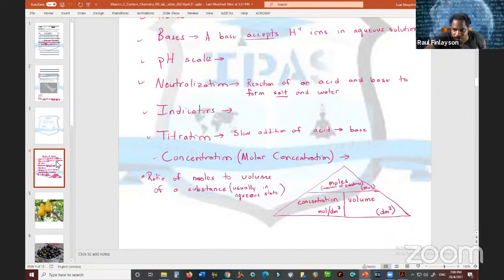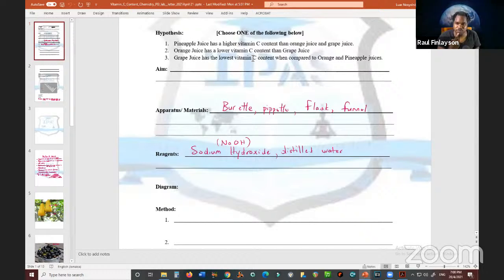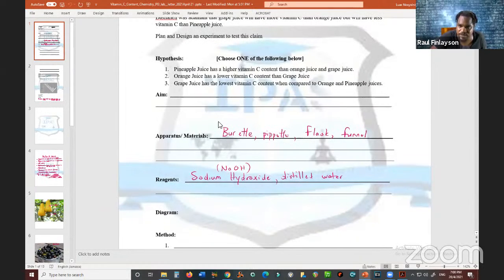So the variables then: if I apply it to the lab, the vitamin C in the juices, those are unknown. Well, first of all, vitamin C is an acid, so that's the acid.